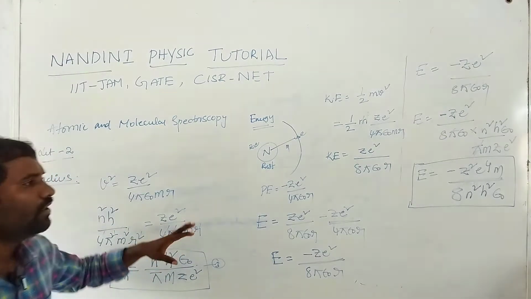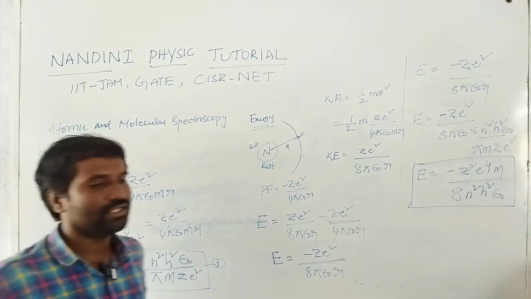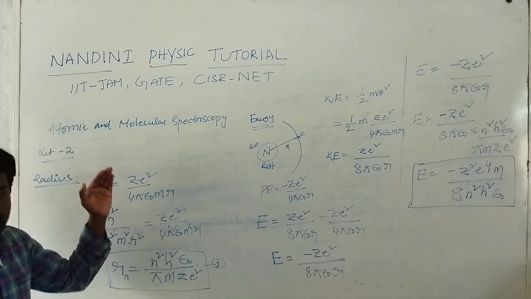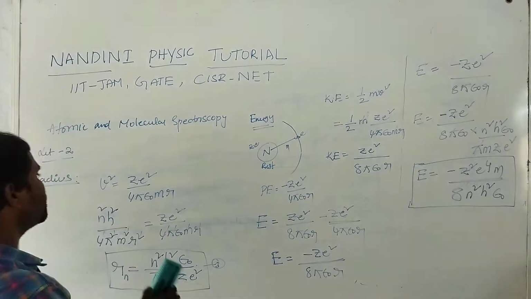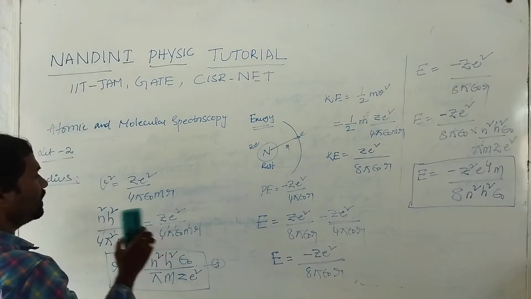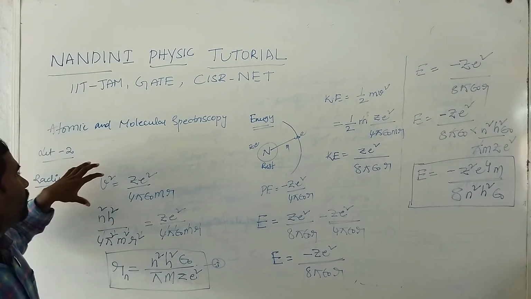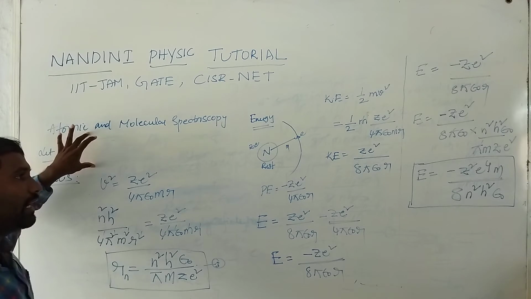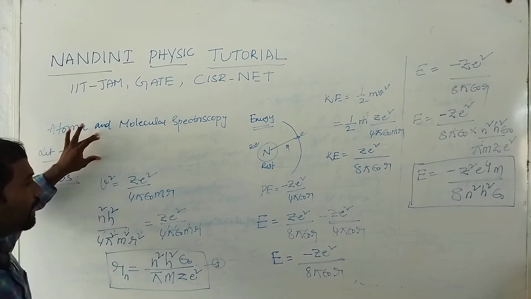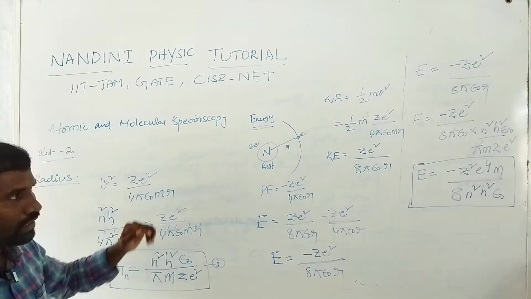This is the concept of radius and velocity and energy. So once again I write these three equations in a clear way. Then you can understand what I proved from this theory. From Bohr atomic model is application of hydrogen and hydrogen-like atoms. In hydrogen-like atoms, he was using classical concept and quantum concept.